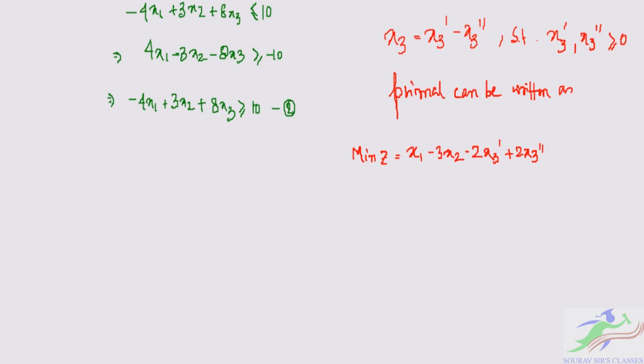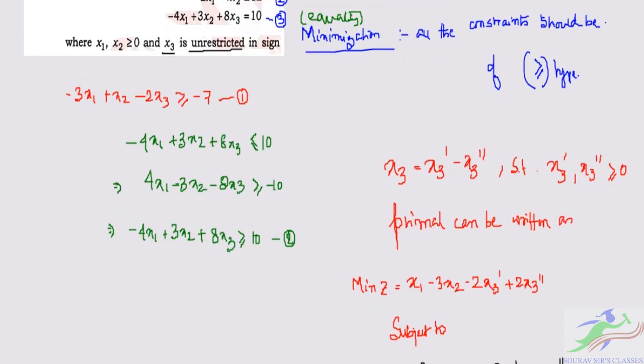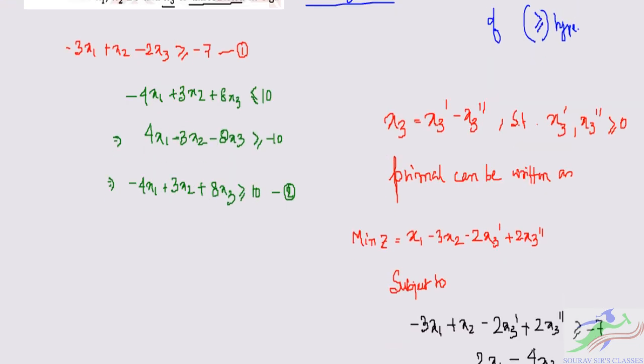Subject to equation 1, which was given: minus of 3x1 plus x2 minus 2x3 prime plus 2x3 double prime, it is greater than or equal to minus 7. Then 2x1 minus 4x2 is greater than or equal to 12.